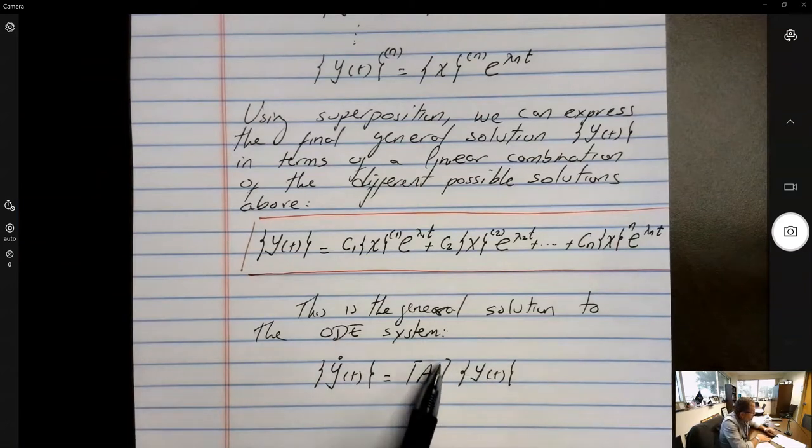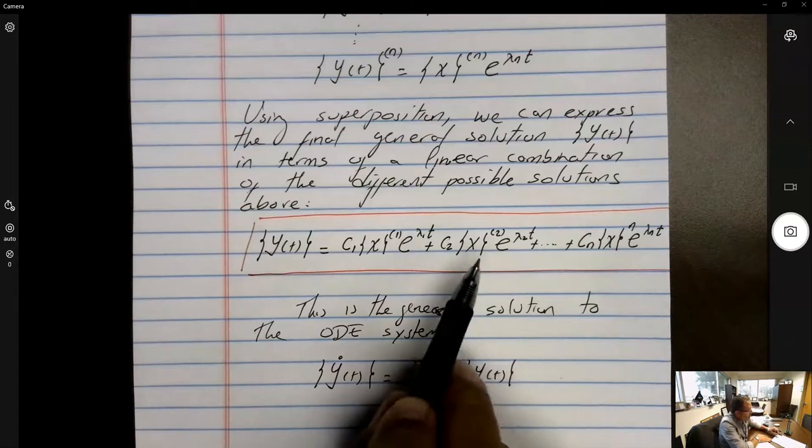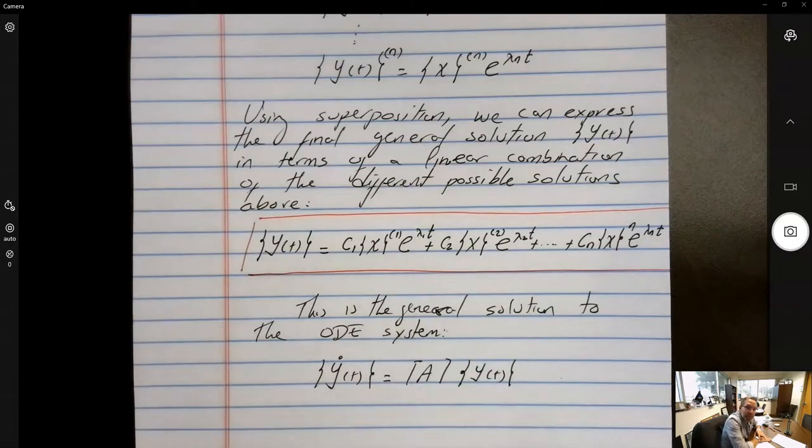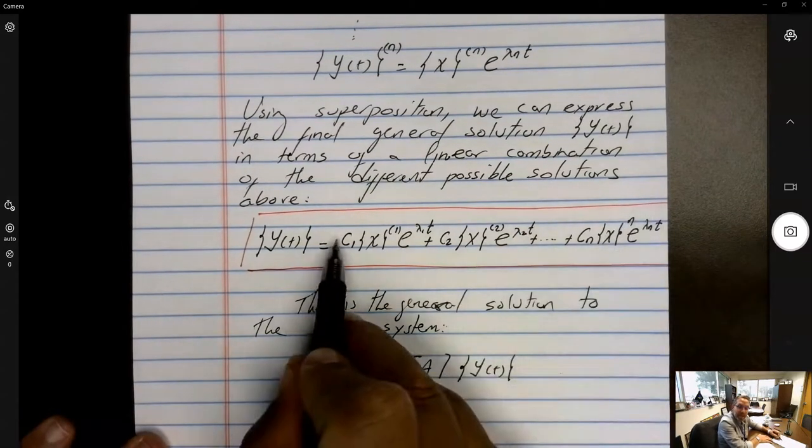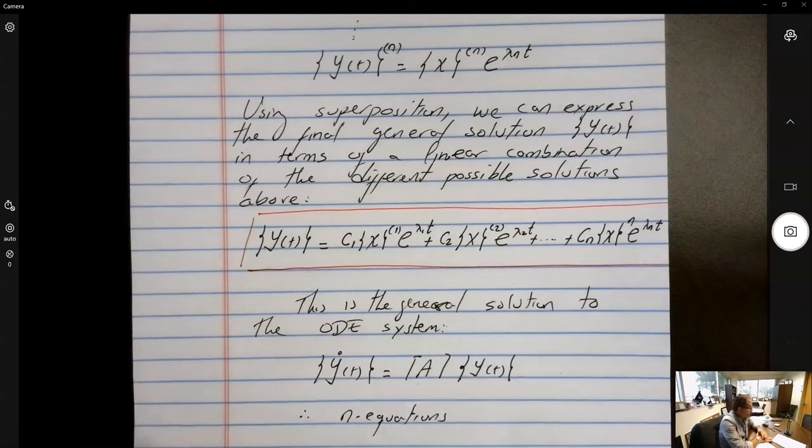It has to be constant coefficient, and it has to be homogeneous for the solution to be this way. Such that there are n equations in the system, and therefore that leads to n eigenvalues and n eigenvectors. So that's it. This is the theoretical foundation for systems of differential equations, for which you need some notion of linear algebra, matrices and vectors.